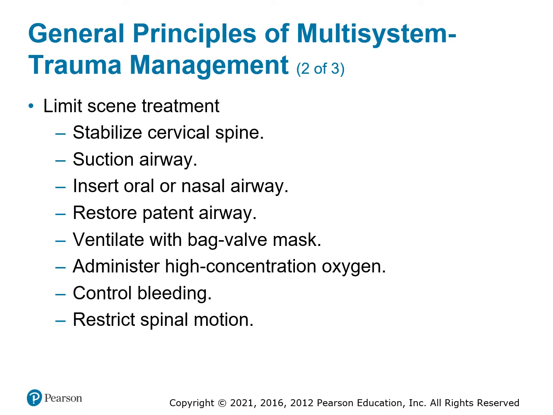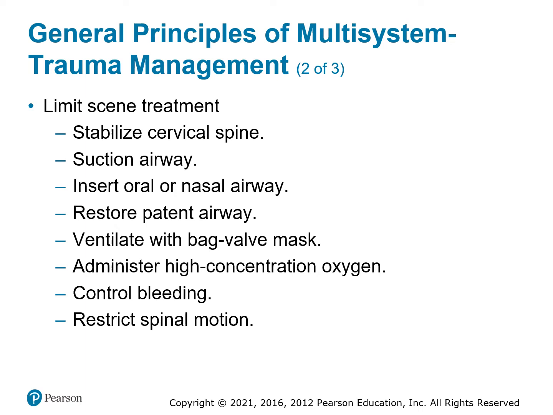With these patients, you do want to somewhat limit your scene treatment if at all possible. Basically, you're limiting your scene treatment to life-threatening conditions that you need to correct. So things like stabilizing the cervical spine is going to be very important to potentially prevent death, prevent paralysis.